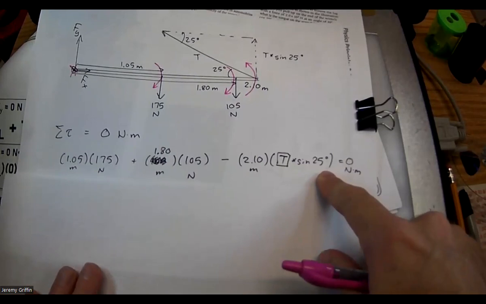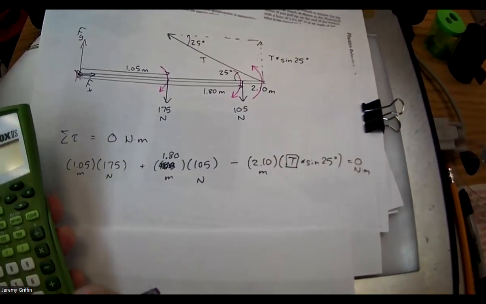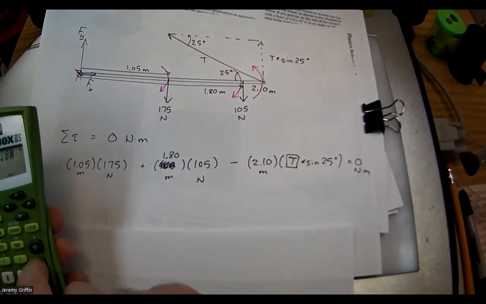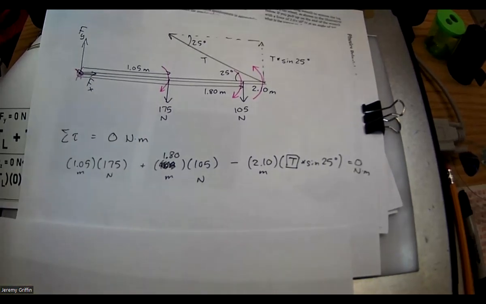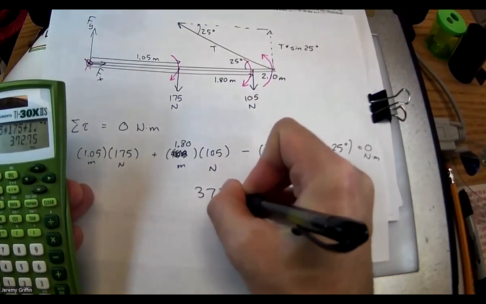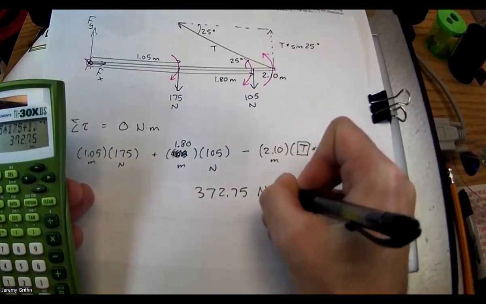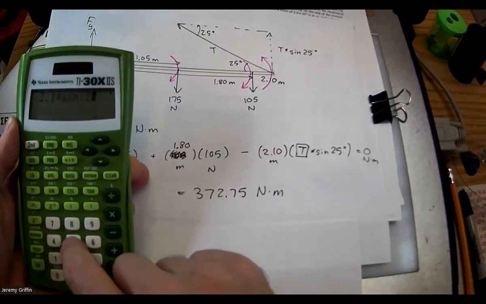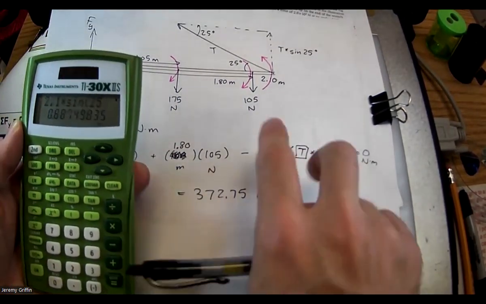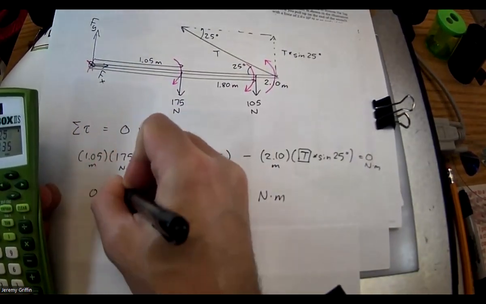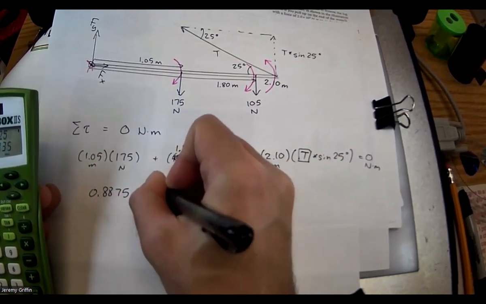Let's do a couple of steps together. Adding all this up, what's 1.05 times 175 plus 1.8 times 105? That gives you 372.75 newton meters, equal to 2.1 times sine of 25 degrees, which together is 0.8875, times the tension.